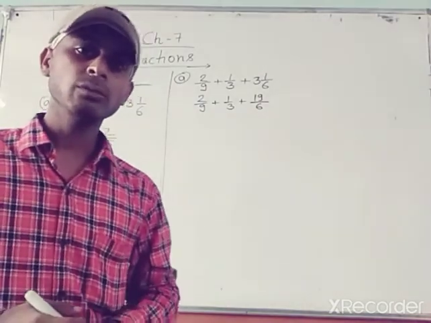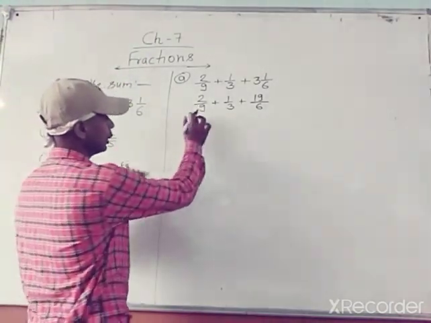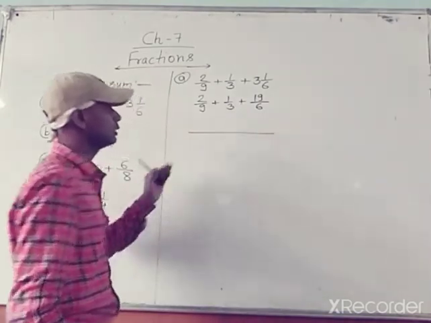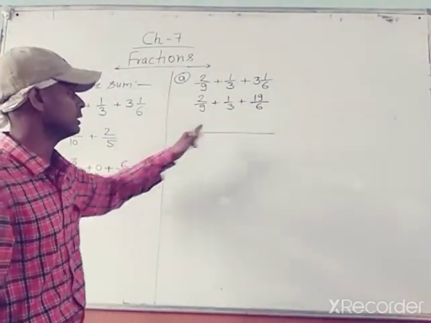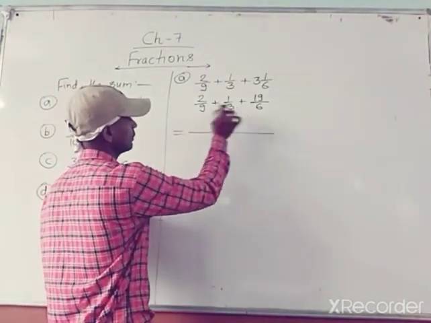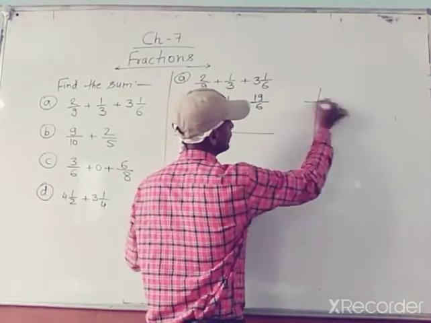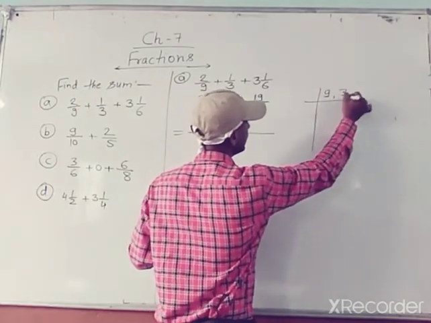First of all, look at the denominators 9, 3 and 6. You can do it directly, it means together for all the fractions 2 by 9, 1 by 3 and 19 by 6. How? Find the LCM of 9, 3 and 6.